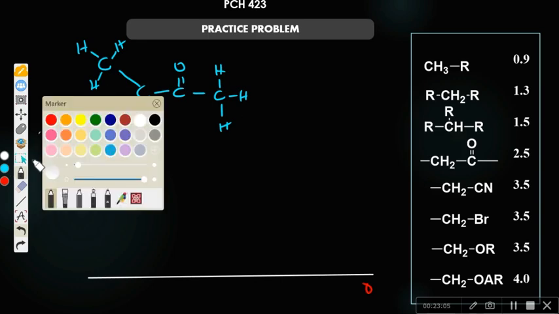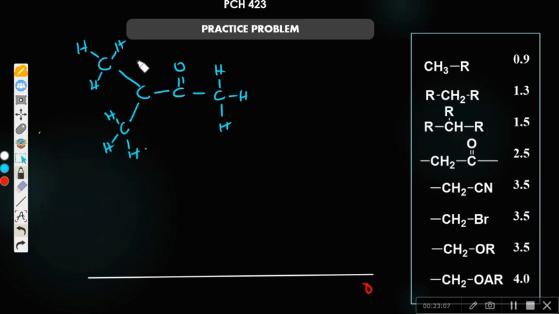So you can say this one here is A, and this one here is also A. Are you getting it now? They are both in the same chemical environment. Now, how about this one here? This one is B. They are in different chemical environments. Now, if you look at them very well, what do you think can be done here?